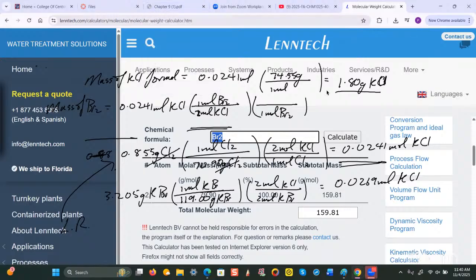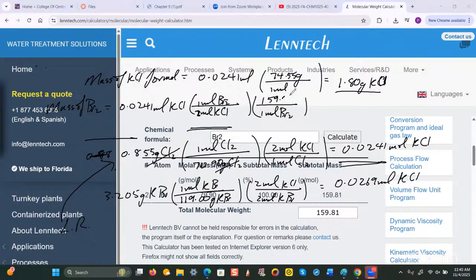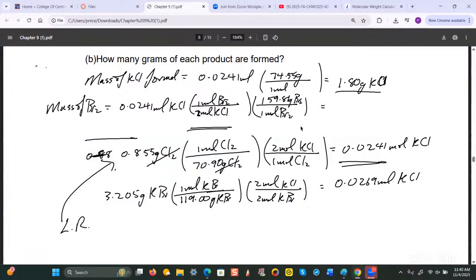So that would go here, 159.81 grams of bromine. All right, and that's it. So let me do this calculation.